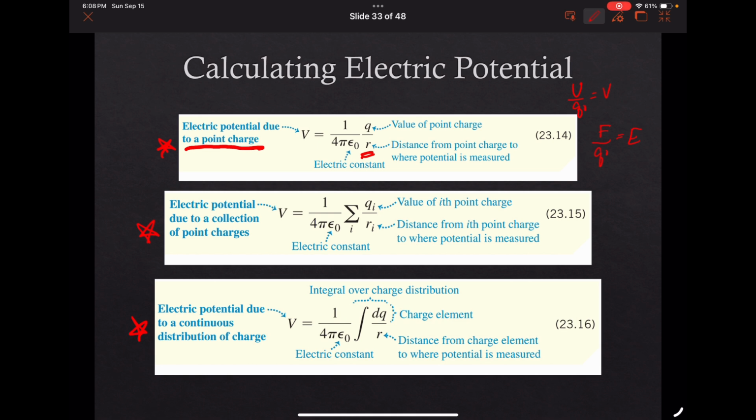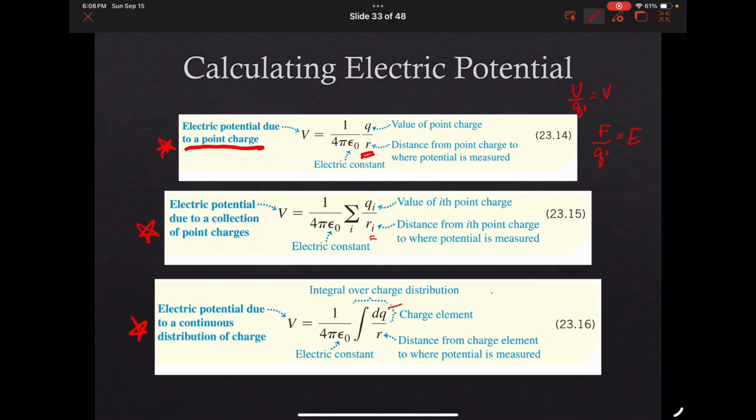And similarly, if we have a collection of point charges, we can sum up the potential at any point in space by adding up all the potentials of each individual point charge and their distances from the place that we want to know what the potential is. And then finally, if we have a continuous charge distribution, we can use those same calculus techniques in order to find an equation for dq in terms of integrable variables.